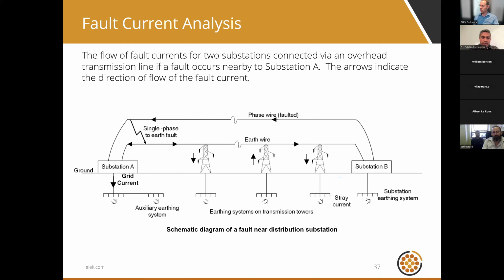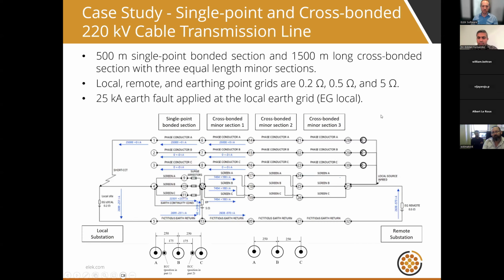Therefore, not all of it will cause touch, step and surface voltages. So we can vastly reduce our prospective earth fault current level during our design, and it makes achieving safety in your design significantly easier if we consider fault current distribution.